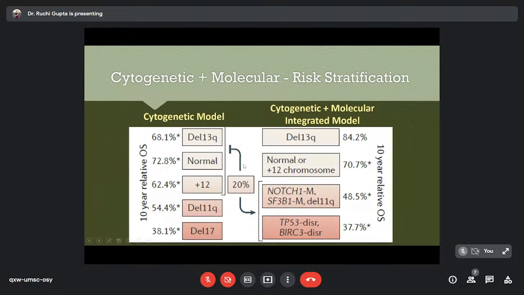But a good number, that is 20% of these patients, may simultaneously be harboring either Notch1 mutations, SF3B1, or TP53, which almost results in halving their 10-year overall survival. So these are the key abnormalities which find a place in deciding, in the current era, which patients should be taken up for treatment directly and which patients can be followed up just to see how the disease behaves.